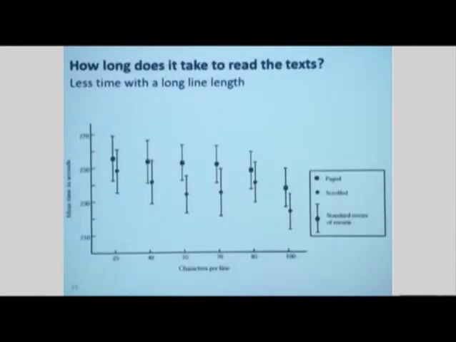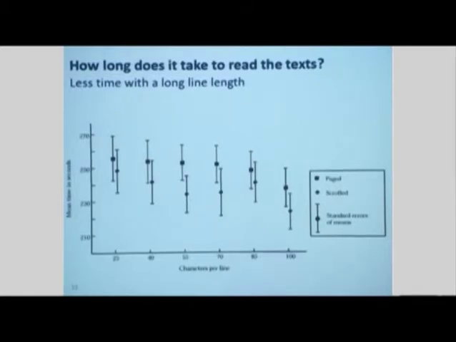What did I find? I found what was unexpected, that it actually takes less time to read a long line length. If I just talk you through this graph, on the y-axis is the mean time in seconds, the higher the value, the longer it takes to read something.